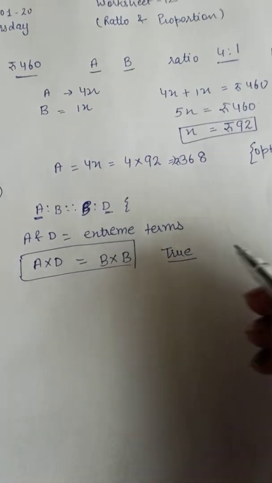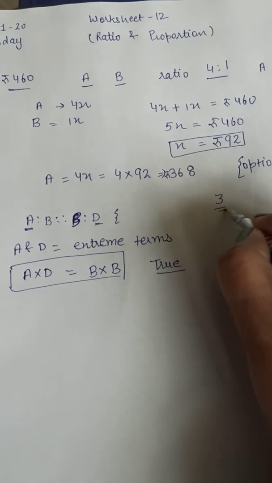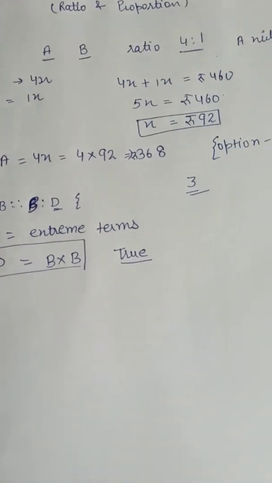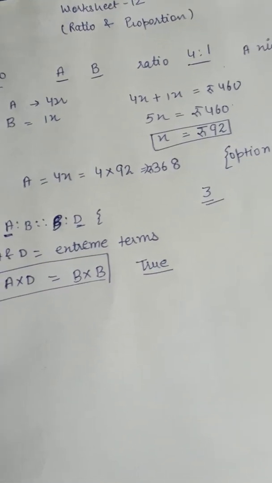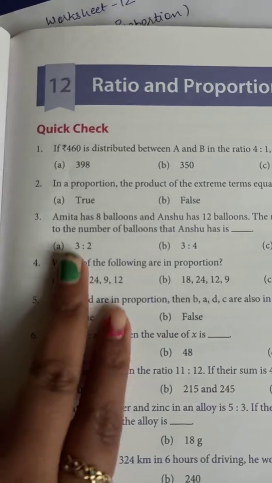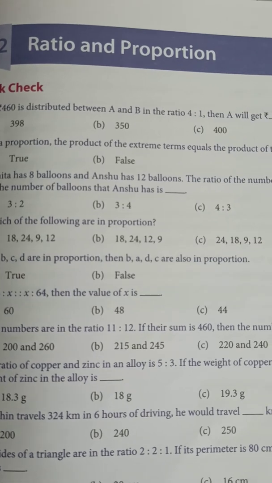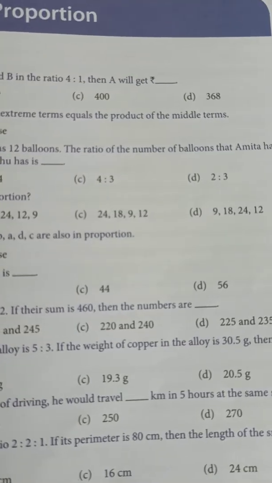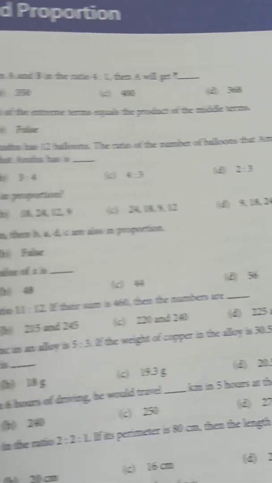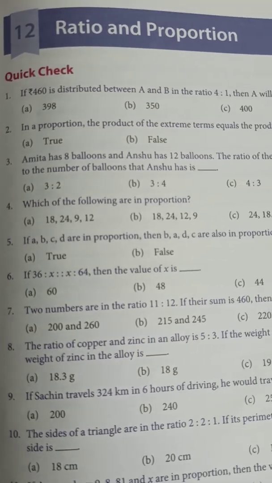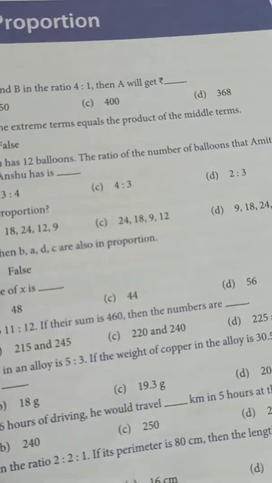Now question number 3, that is Amita has 8 balloons. See here, this is the question. Amita has 8 balloons and Anshu has 12. The ratio of the number of the balloons that Amita has to the number of the balloons that Anshu has.